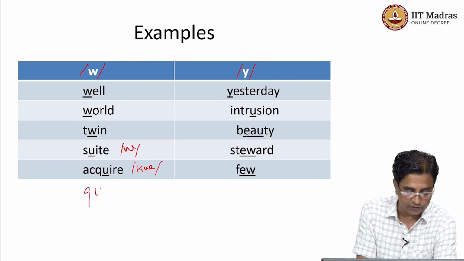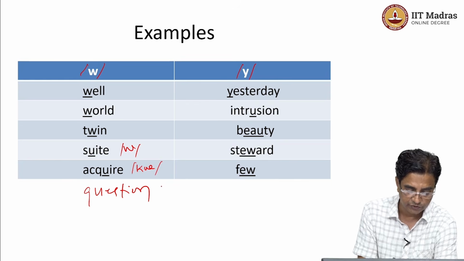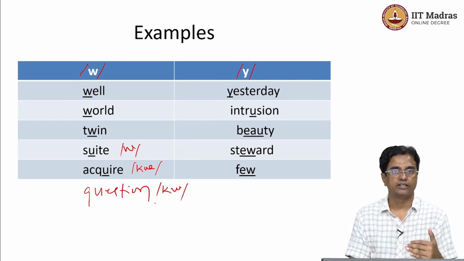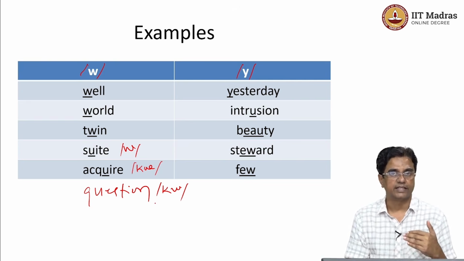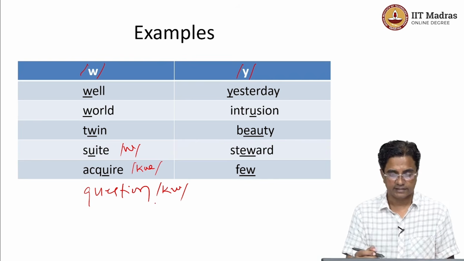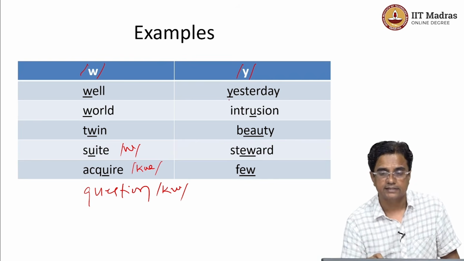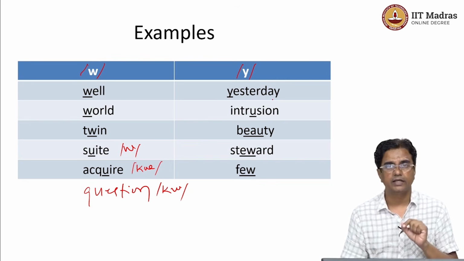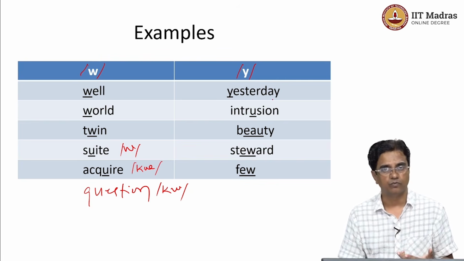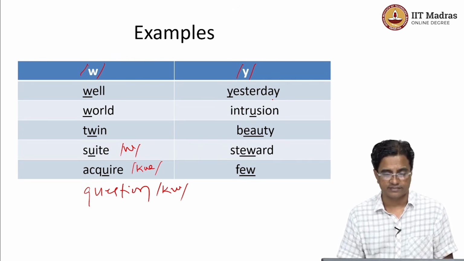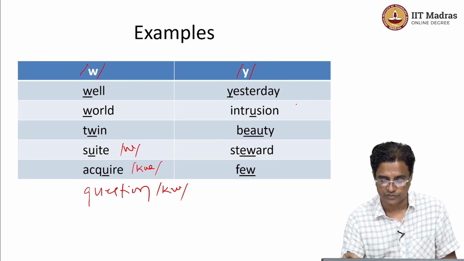There are more words like question. Here also you have ka and wa. So there are many words where you do have a wa sound, that is, a semi-vowel. In the same way, when the ya sound appears in a word, it may appear with Y as a symbol, but it may not, as in a word like intrusion.